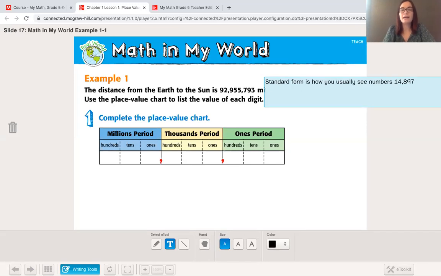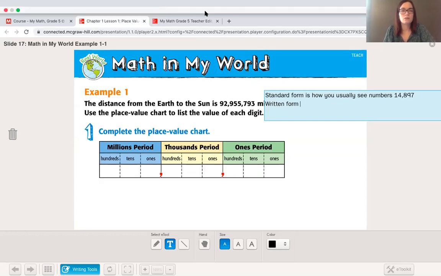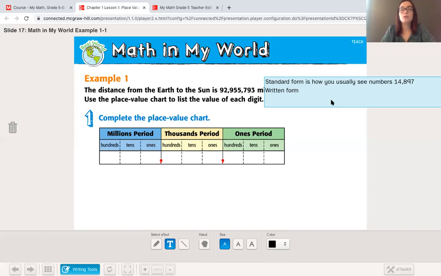Okay? I'd say the second most common form that you might see numbers in is called written form. Written form is when you write numbers in words.